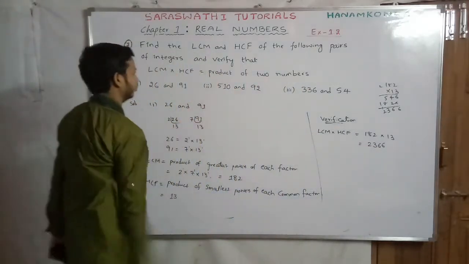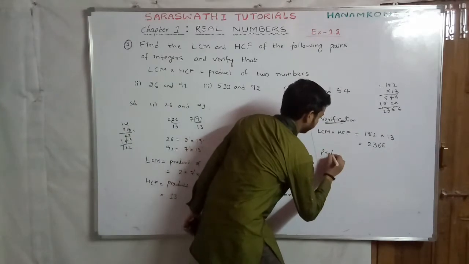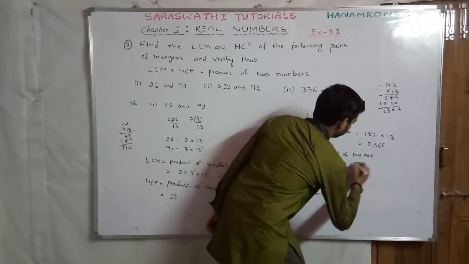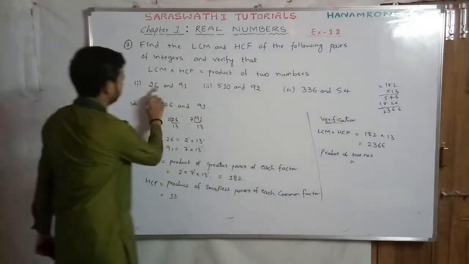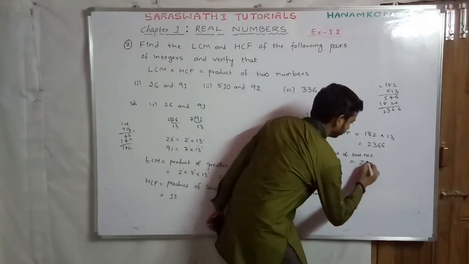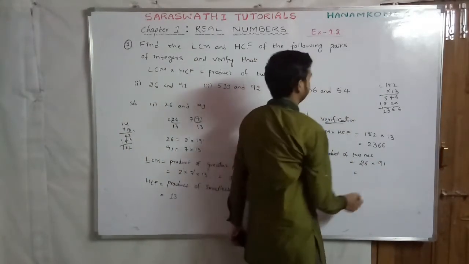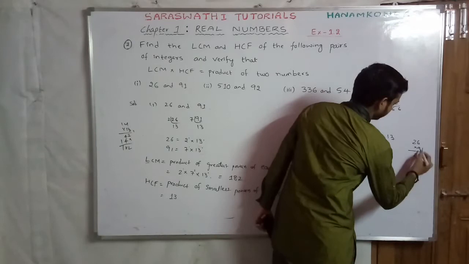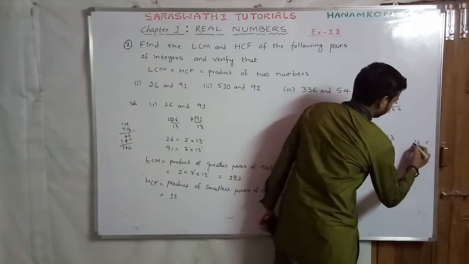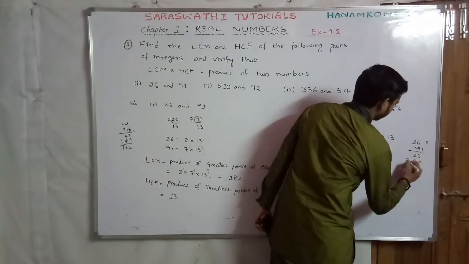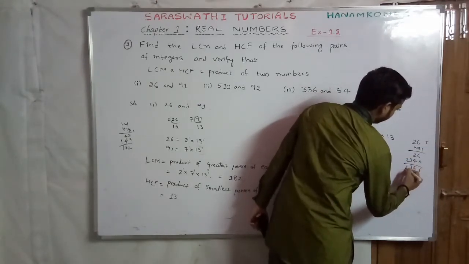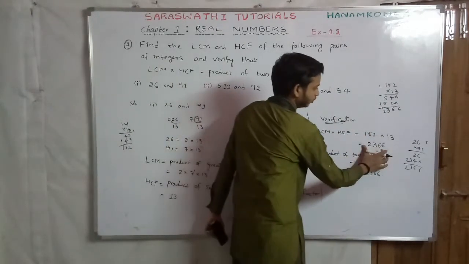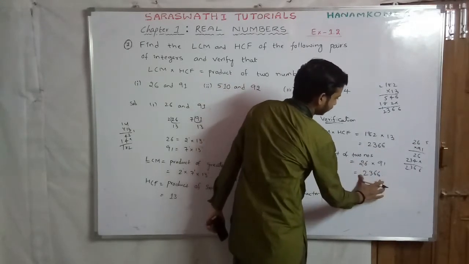Now let us calculate the product of the two numbers. The given numbers are 26 and 91, so the product is 26 into 91. 1 twenty-six is 26, 9 sixes are 54, 4 carry 5, 9 twos are 18 plus 5 is 23, giving 2366. The LCM into HCF value we have obtained is 2366 and the product of the two numbers is also 2366.